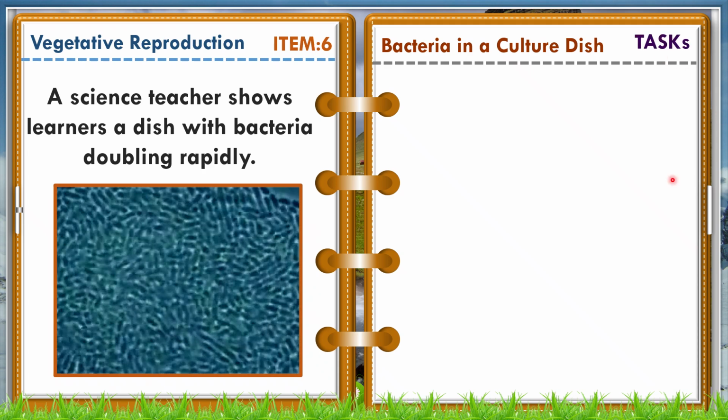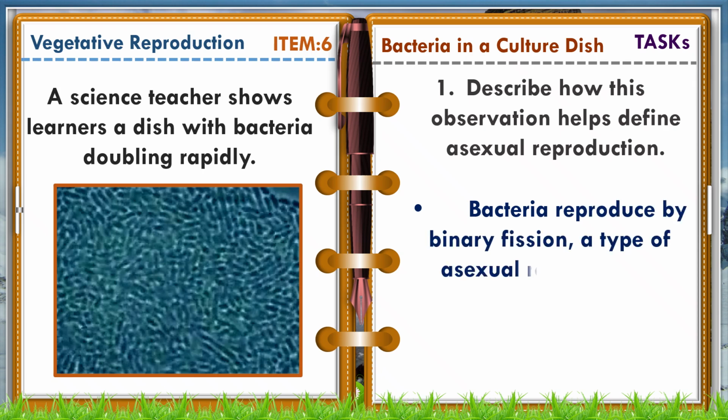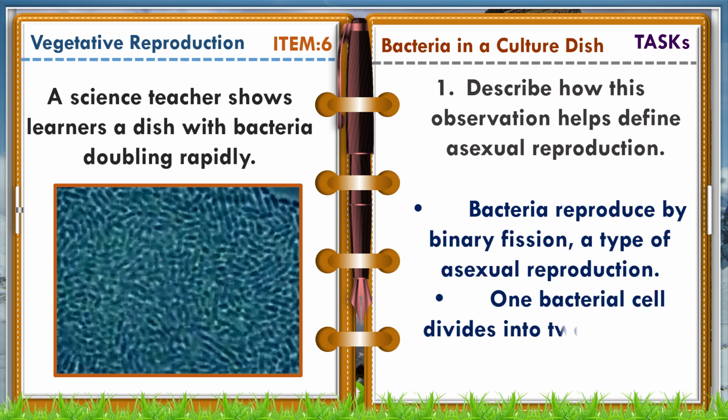Task: describe how this observation helps define asexual reproduction. The bacteria reproduce by binary fission, which is a type of asexual reproduction.